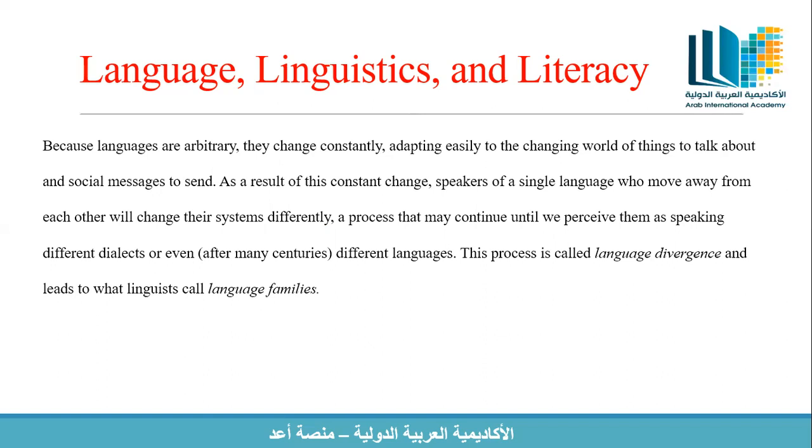As a result of this constant change, speakers of a single language who move away from each other will change their systems differently, a process that may continue until we perceive them as speaking different dialects or even, after many centuries, different languages. This process is called language divergence and leads to what linguists call language families.